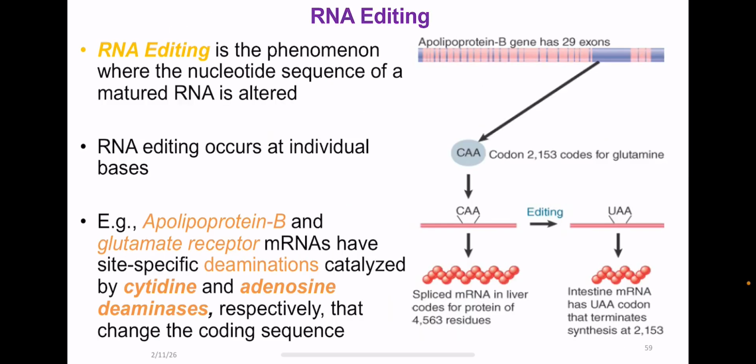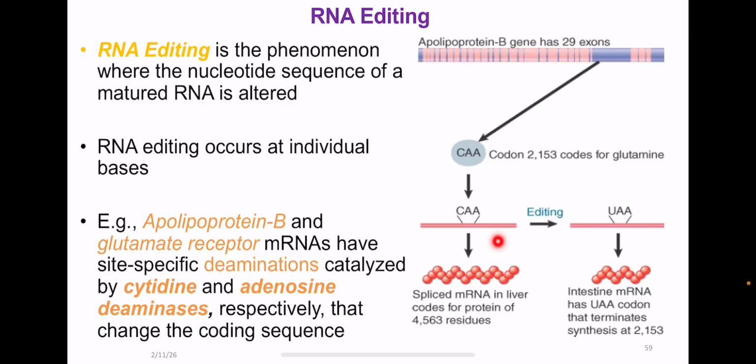So let's look at this example. I think it was discussed in class. The two scenarios I'm going to mention are in different tissues. In the first one, this particular sequence of the gene has CAA, and the CAA makes the mRNA encode this large protein, which is found in the liver and has 4,563 residues.